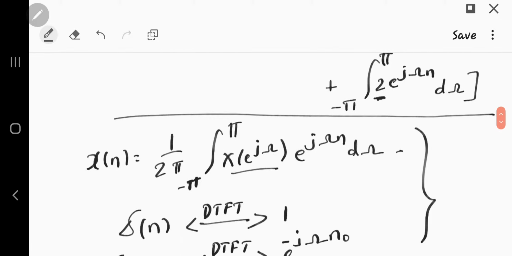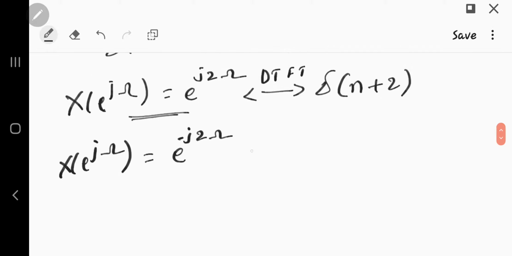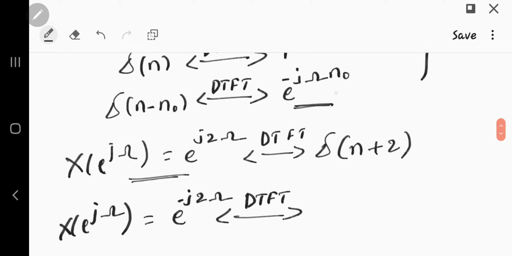Now in the second one, x of e power j omega is equal to e power minus j 2 omega. To get this, we have to perform DTFT for, just observe the signal, in place of n naught we have 2, that means delta n minus 2.